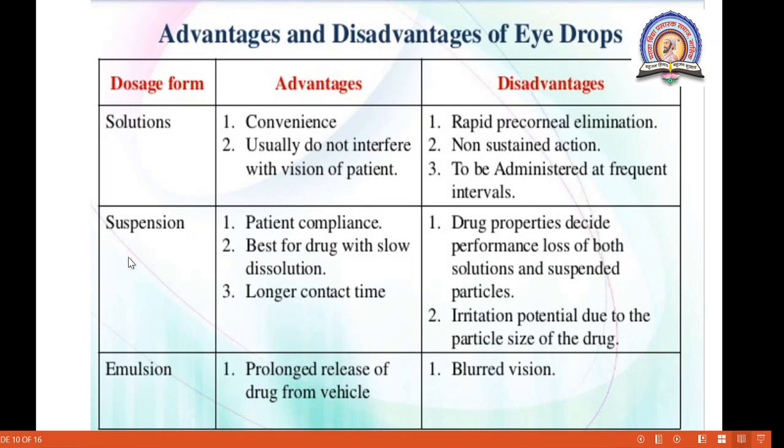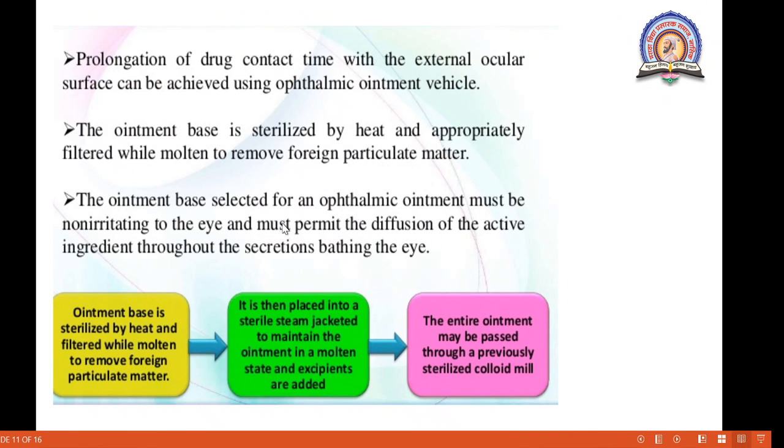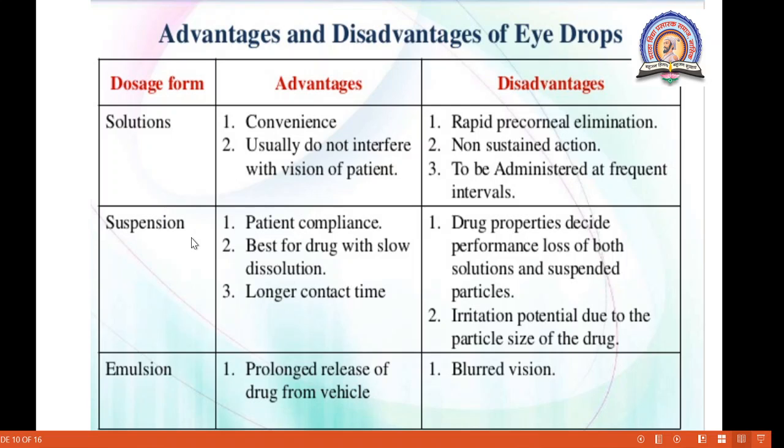Then when the eye drop is in the form of suspension, patient compliance is best for drugs with slow dissolution, longer contact time, while this drug property decides the performance loss of both solution and suspended particles. Irritation potential is due to the particle size of the drug.